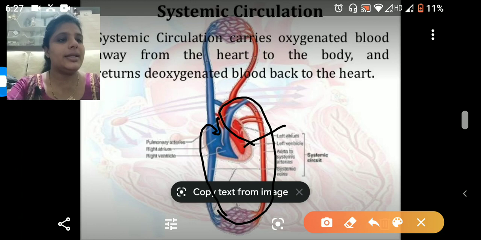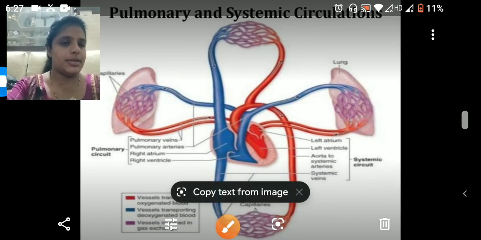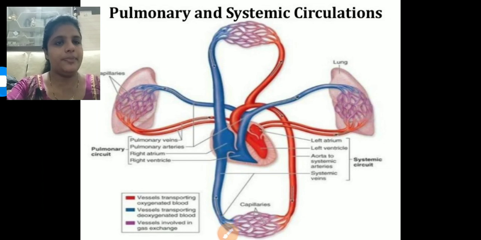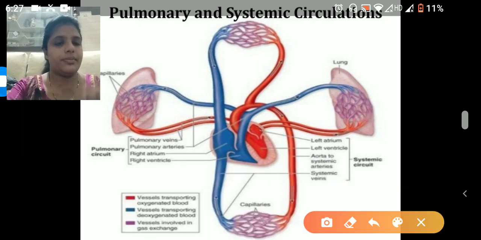So basically, if we compare the pulmonary and systemic circulation, look at this diagram. Pulmonary circulation starts from the right ventricle. Systemic circulation starts from the left ventricle.